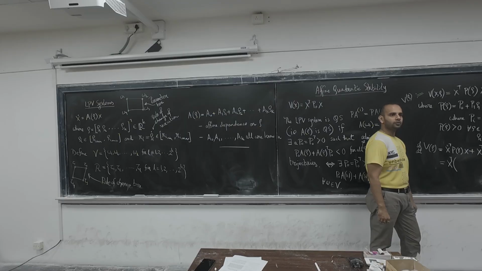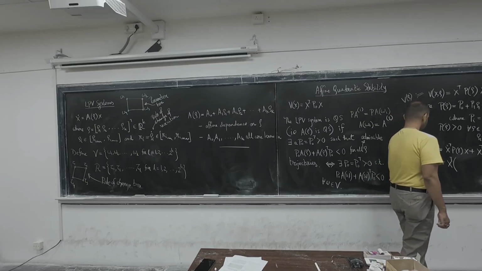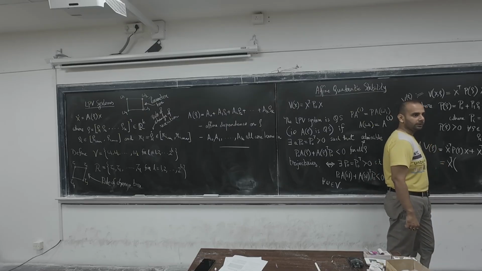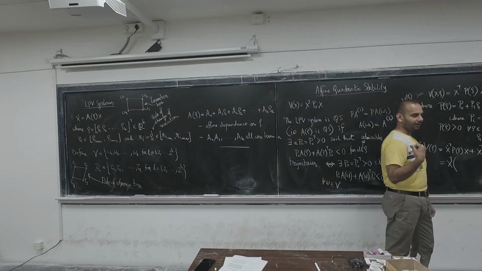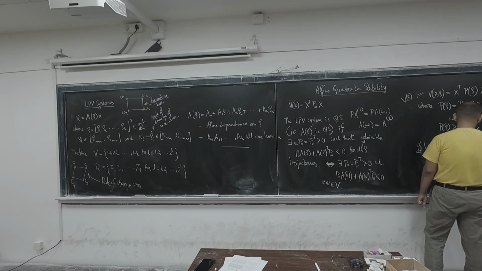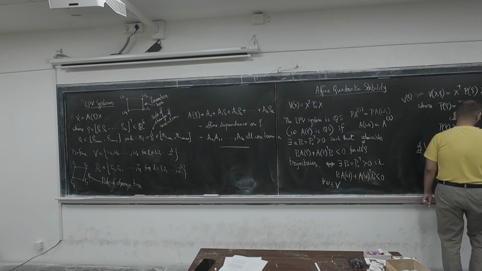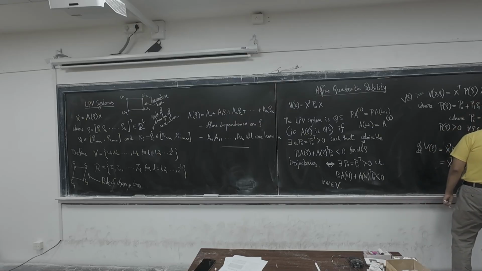The first two terms will obviously be P rho A rho plus A rho transpose P rho, right? Because what is your x dot? That will remain the same. That is A rho x, right? So the first two terms will be really the same: x transpose, P rho A rho plus A rho transpose P rho.